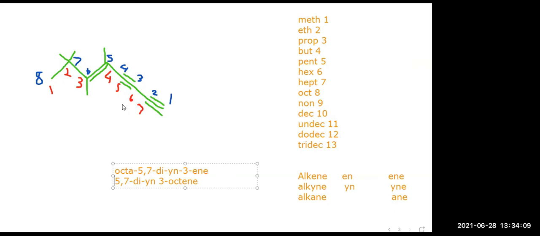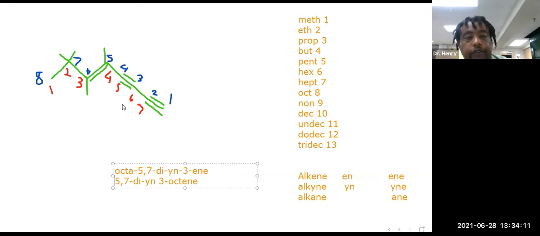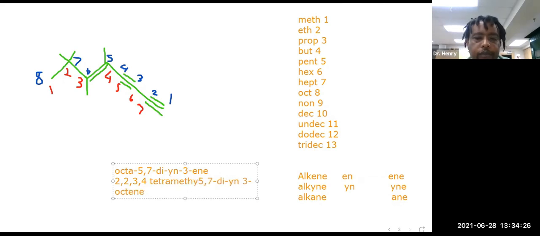Tetra? Tetra, that's right. So I'd use 2, comma 2, comma 3, comma 4, tetra, methyl, 5,7, diene, 3 octene, or diene.